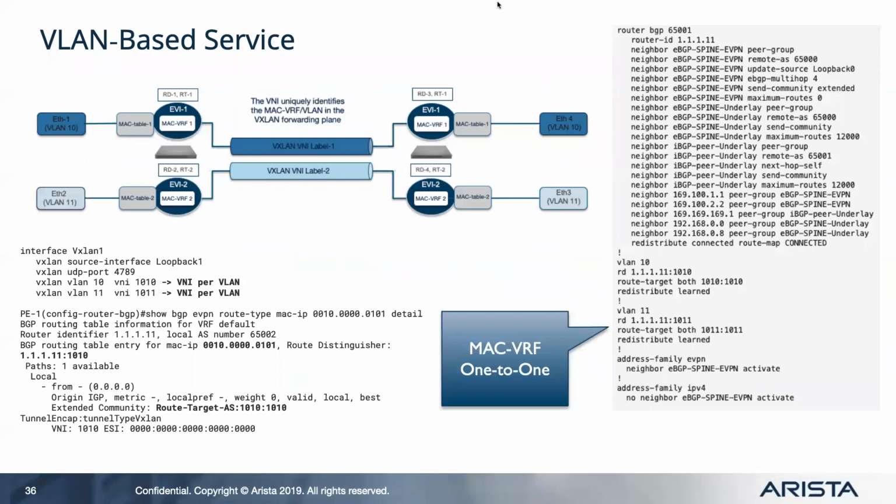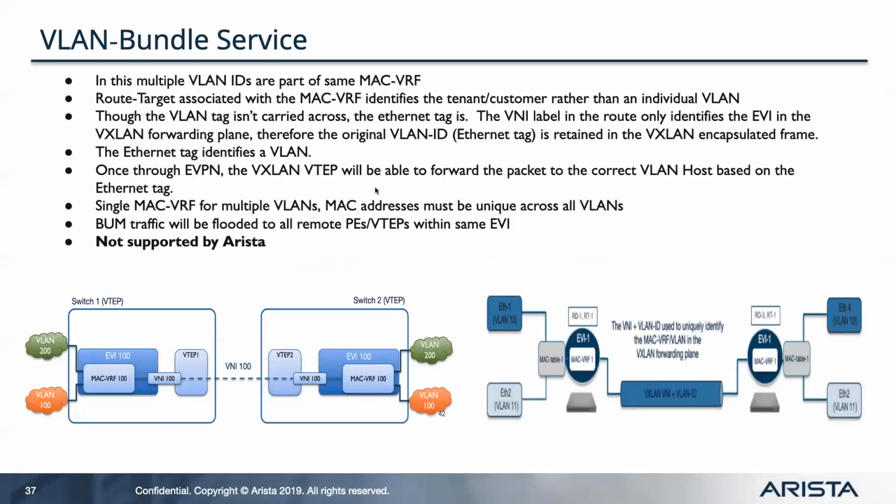Now, as we already discussed, the drawback of this is that if the customer has 100 VLANs, you need unique MAC VRF, RD, RT, and VNI information for each VLAN, which is difficult for a bigger network. So next is the VLAN bundle service.